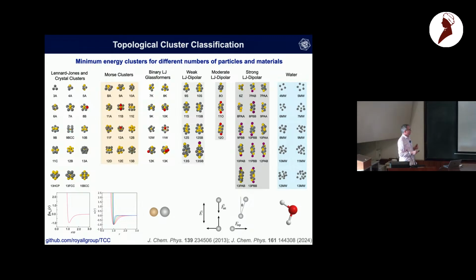So these are minimum potential energy clusters of this number of particles for whatever material it is. In the case of hard spheres, we look at groups of hard spheres, and we look at the minimum free energy clusters in a mean field surrounding. So we can interpret hard spheres as well with a similar methodology.